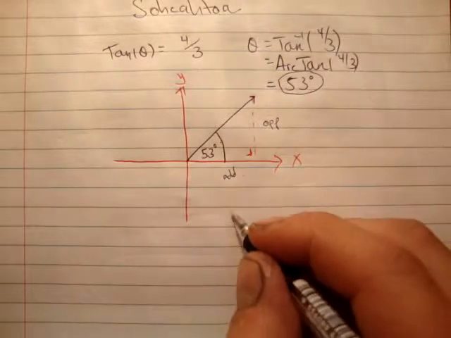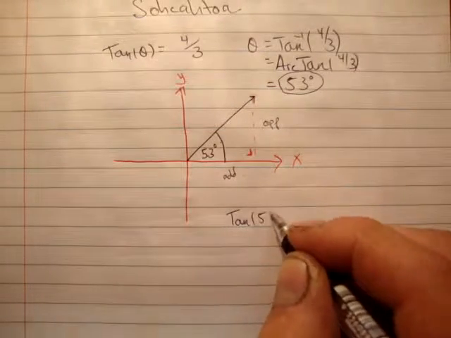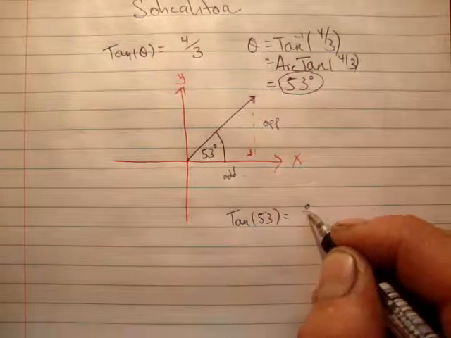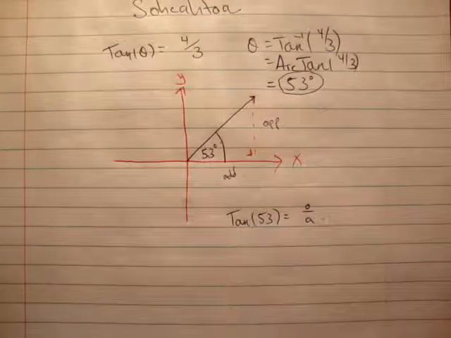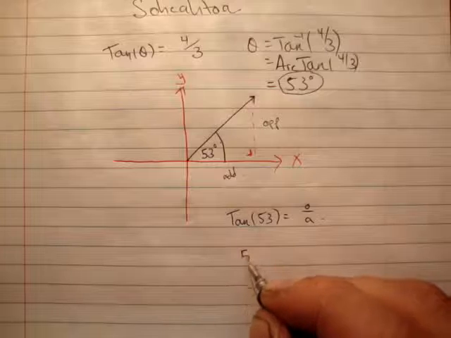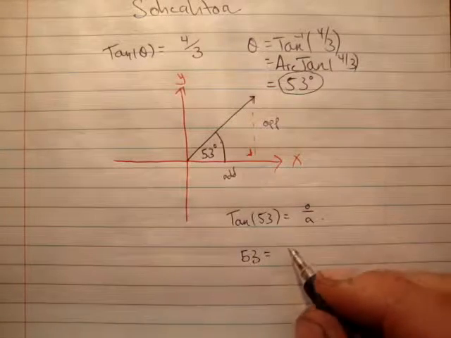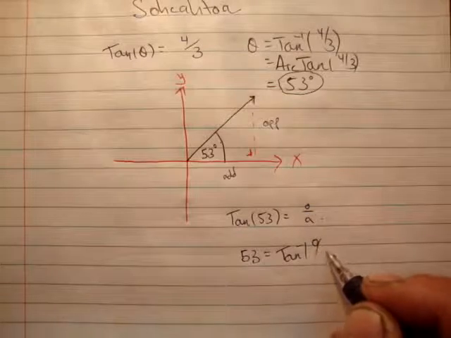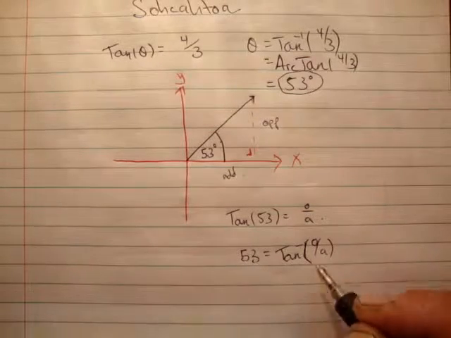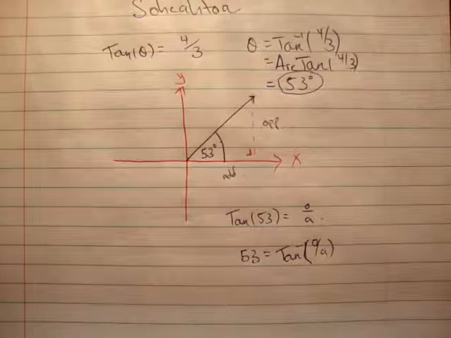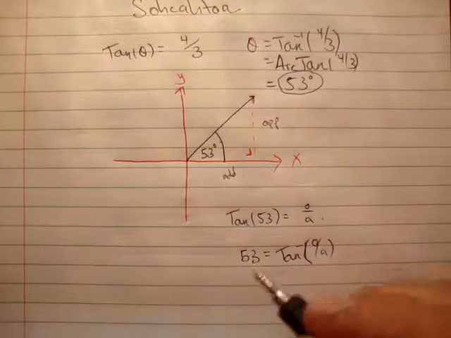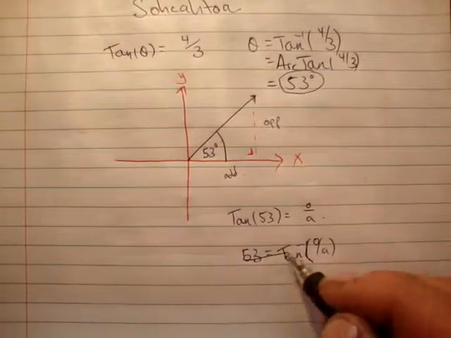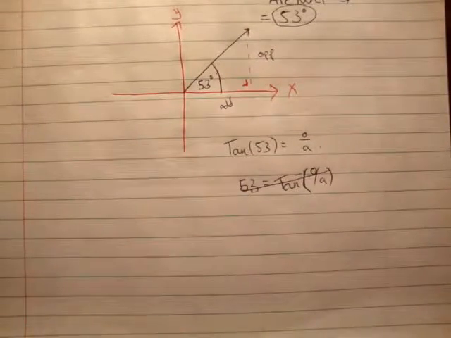So tan 53 is equal to opposite over adjacent.